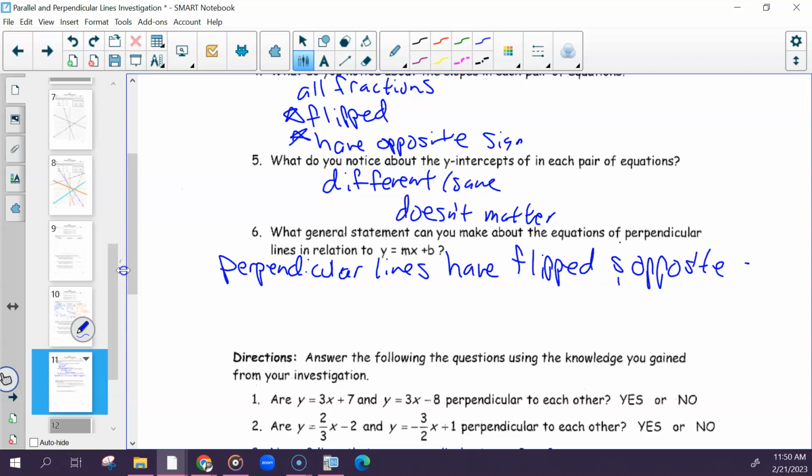Flip and opposite sign slopes, and the y-intercept doesn't matter. So if we had to generalize it for all perpendicular lines, that would work.